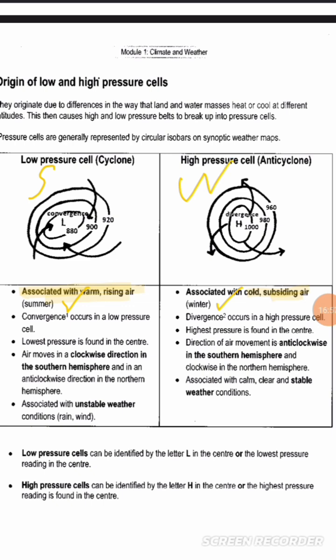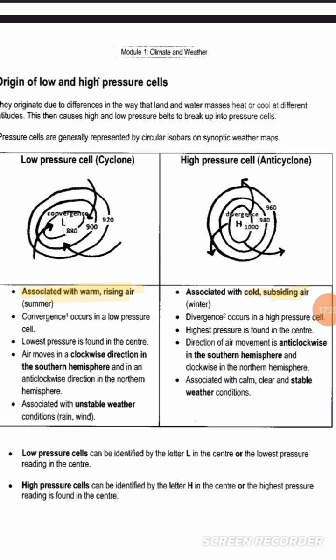Let's move. Again, we have what we call convergence and divergence. When we say something converges, it means that they meet.